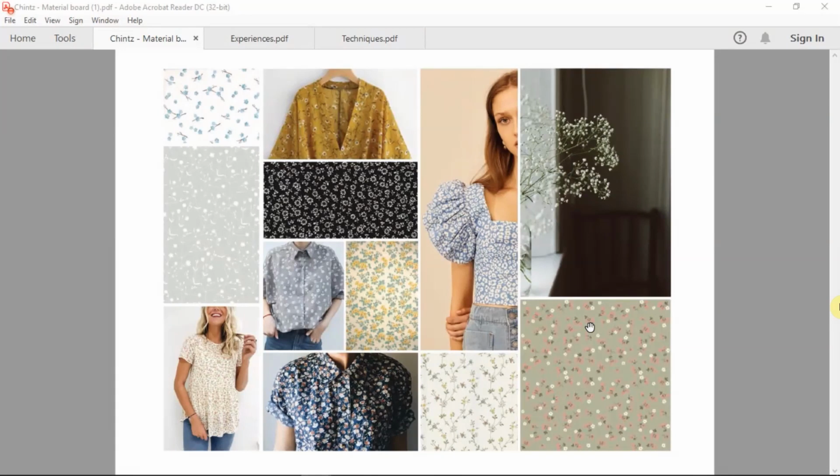This is a visual representation of the garments that we are going to produce. So it is a very simple one. It says what kind of materials that we are going to use. And can you see this picture of flowers? It's not fabric.